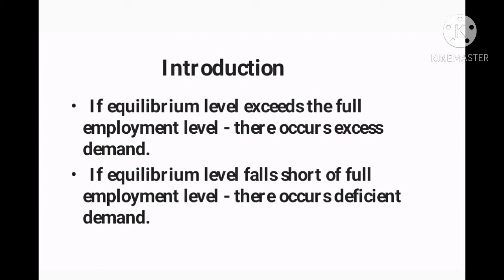In other words, market supply equals market demand. The price at which equilibrium is reached is called the equilibrium price, and the quantity purchased and sold at this price is called the equilibrium quantity.